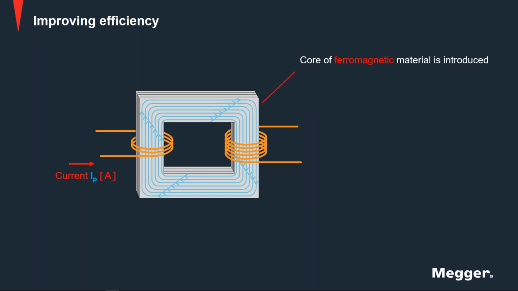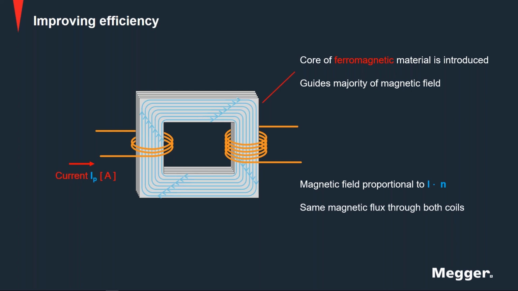This ferromagnetic material will guide the vast majority of the magnetic field from the first coil into the second coil. The magnetic field in one coil versus the other is proportional to the current times the number of turns, so you will have the same magnetic flux through both coils.